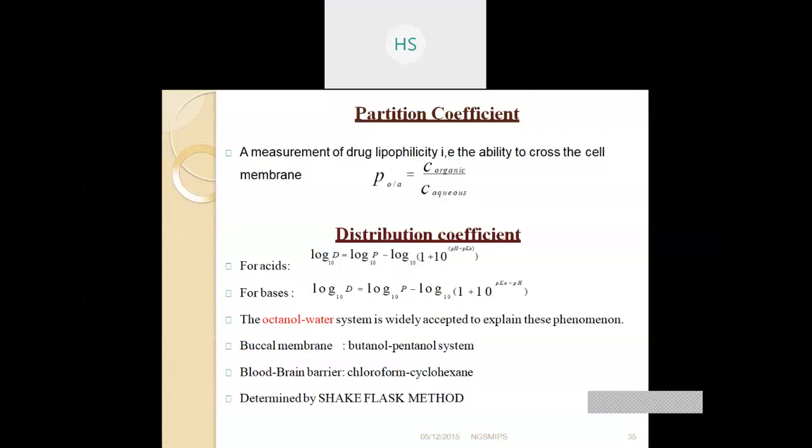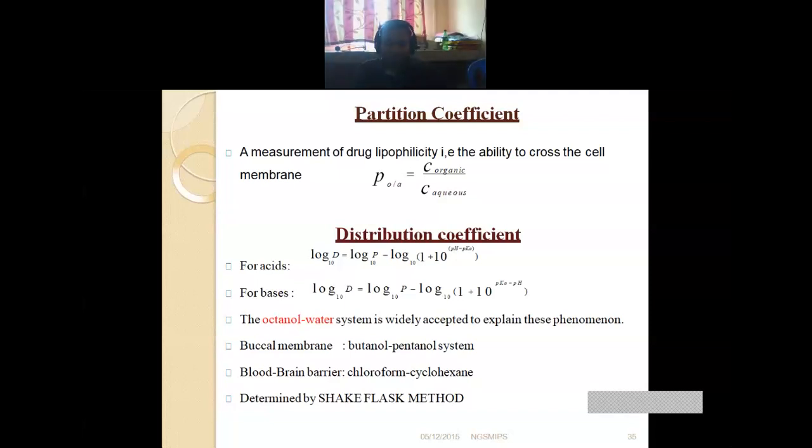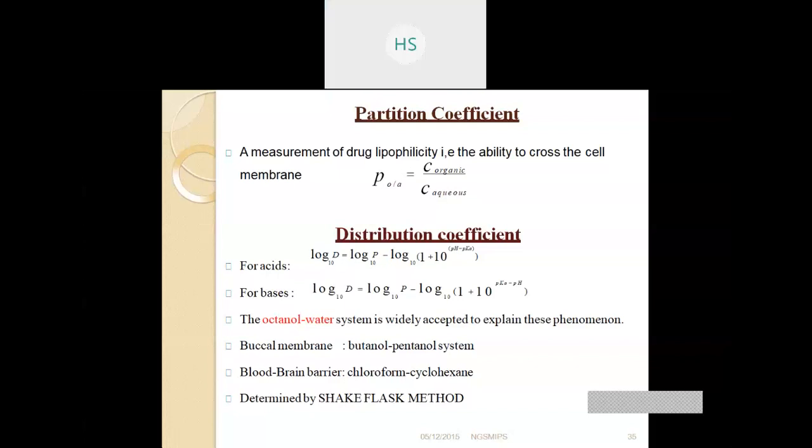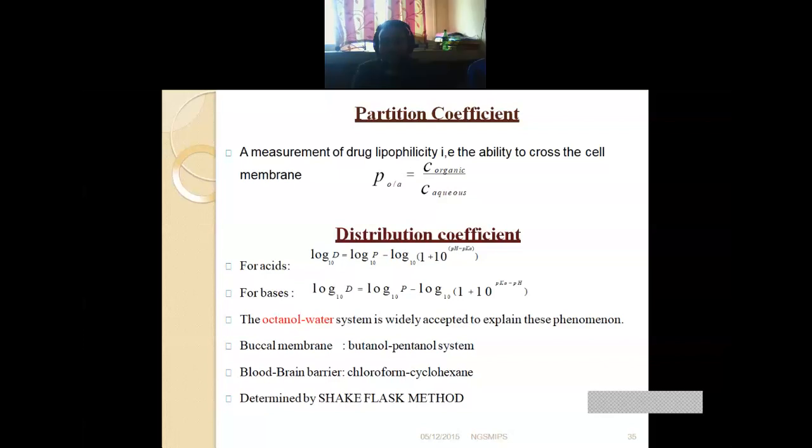Sir, it will be alkaline. Sir, 6 point something up to 7.3, I guess. What do you mean by buccal cavity? Yes or no? If you don't know that, tell us the answer. I don't know.